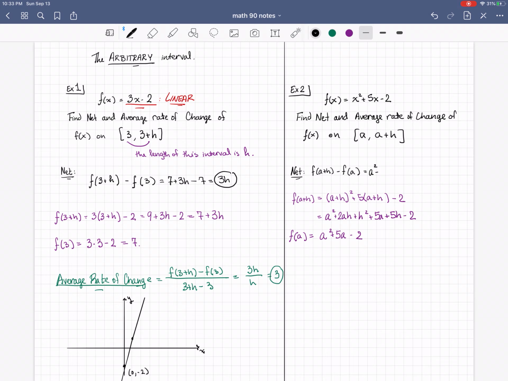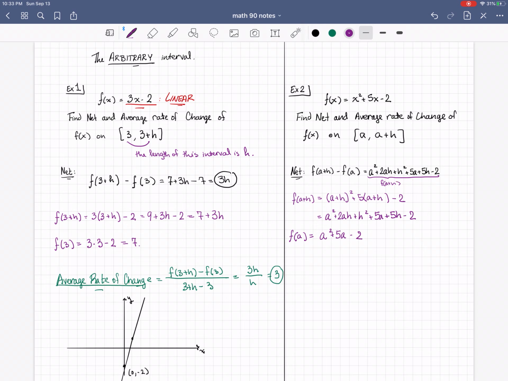So we have A squared plus 2AH plus H squared plus 5A plus 5H minus 2. So this is f of a plus h.